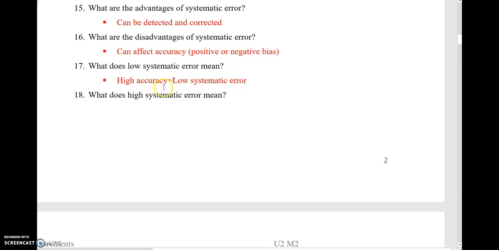They would tend to be very close to the true or accepted value. However, if there is a high amount of systematic error, this would lead to low accuracy, where the values obtained may have a positive or negative bias. That is, they may be higher than or lower than the true or accepted value. Right, just to recap, random error affects precision, systematic error affects accuracy.